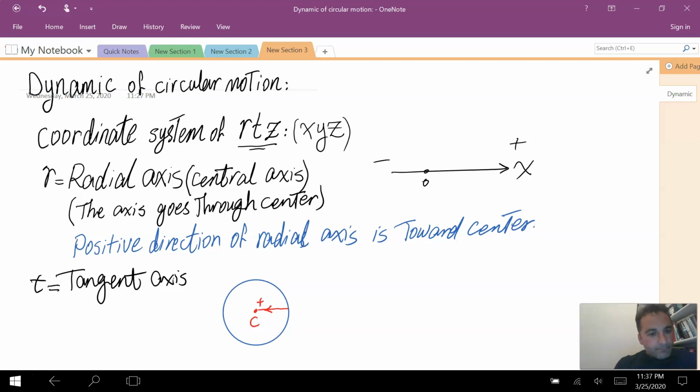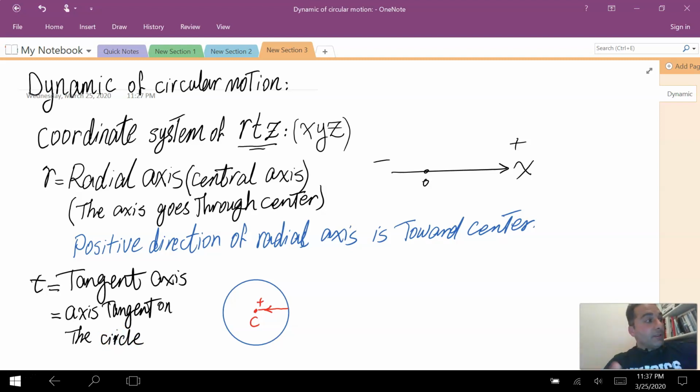That is the axis tangent on the circle. So what is the tangent axis? It is tangent on the circle, guys.